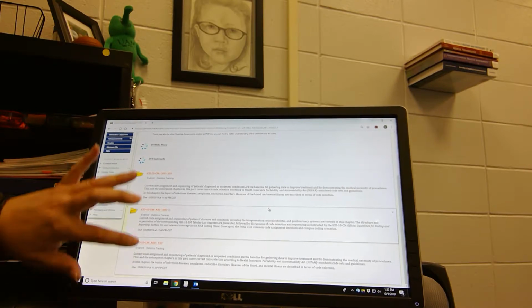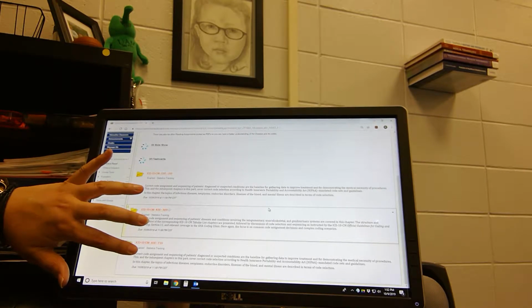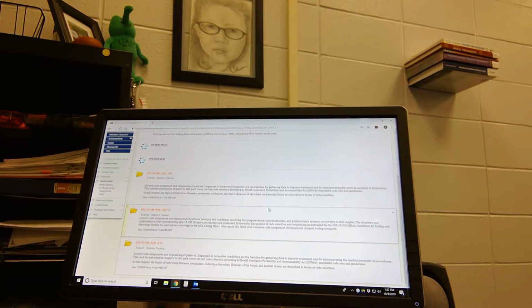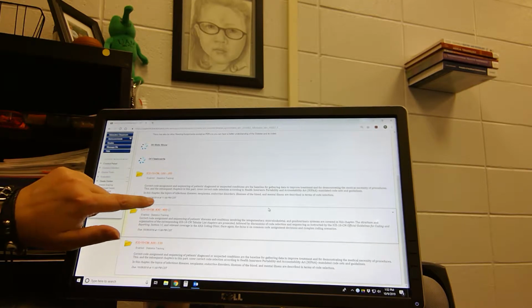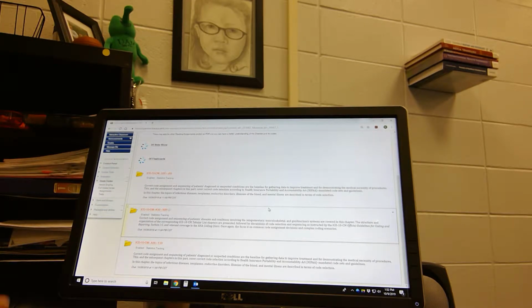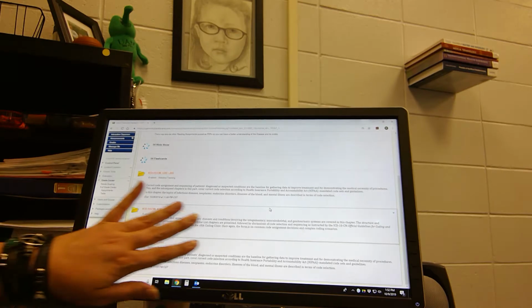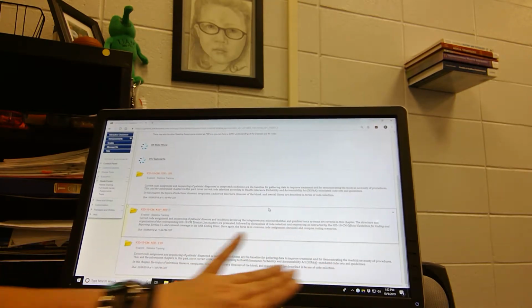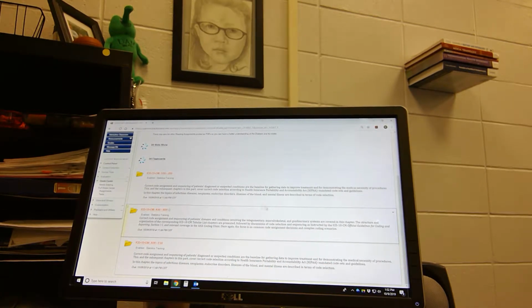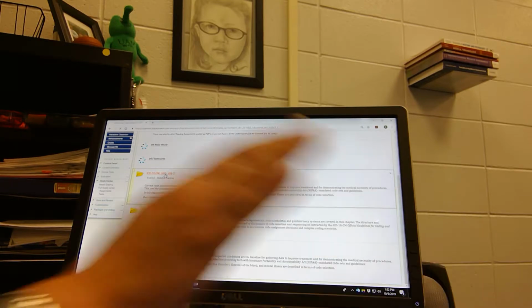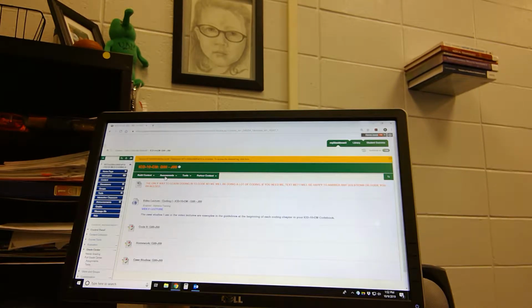So these 3 folders within Unit 2 are due on October the 26th at 11:59 p.m. CST. It gives you a little bit of information on what you're going to find inside of these. I'm just going to click on this first one right here and walk us through it. And you might notice that they're out of order.